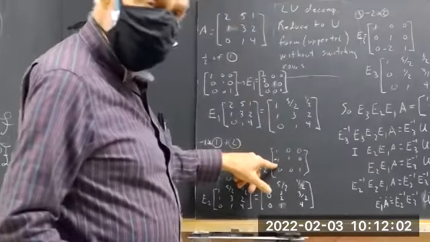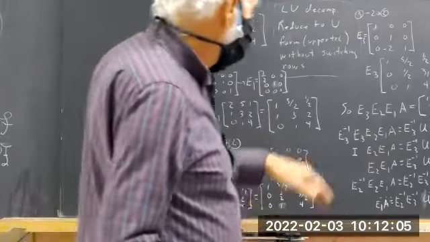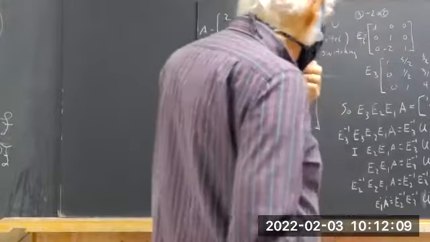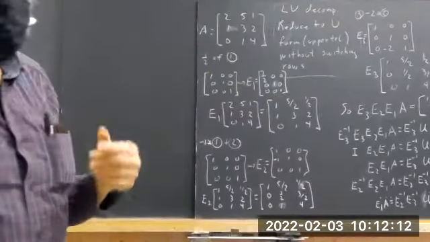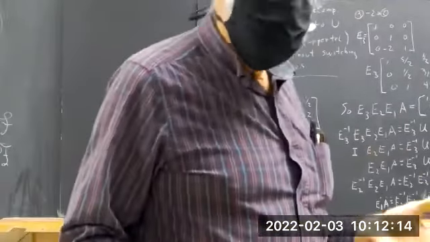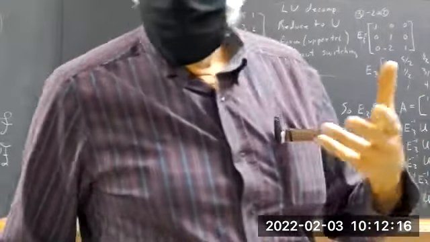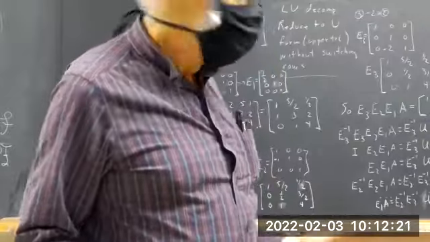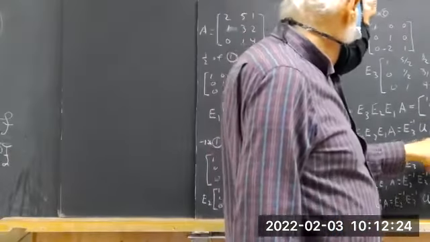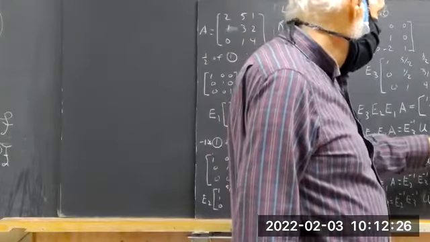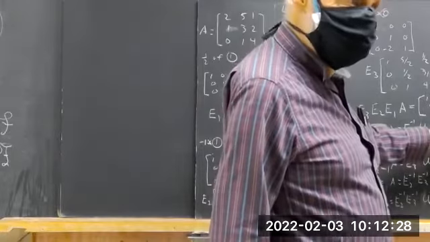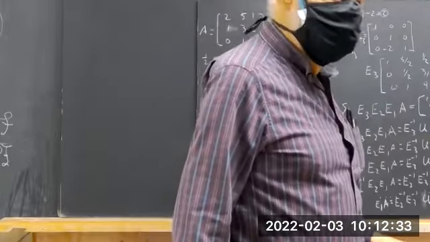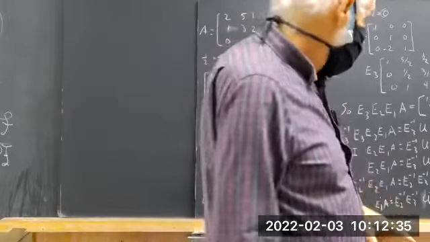This is lower triangular, and this is lower triangular. I'm not going to prove it. You can prove it to yourself, and you should. When you multiply two lower triangular matrices, you get a lower triangular matrix. So E2 inverse times E3 inverse is lower triangular. You should actually multiply out these matrices and see why, see what the pattern is, and then see if you can prove it in general.